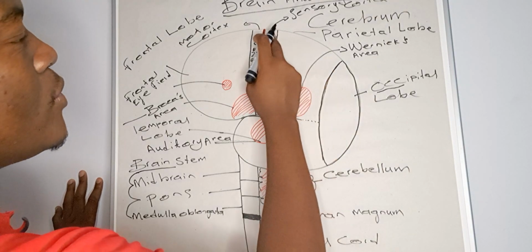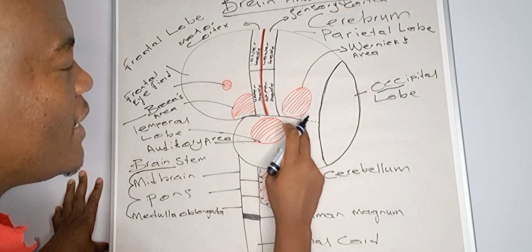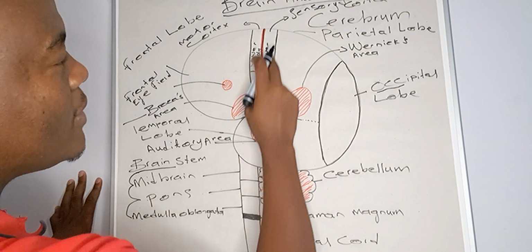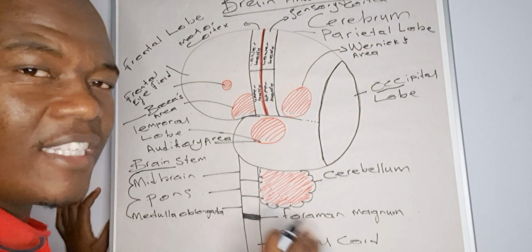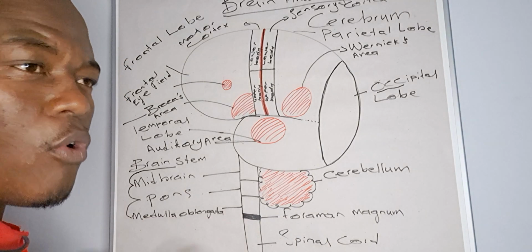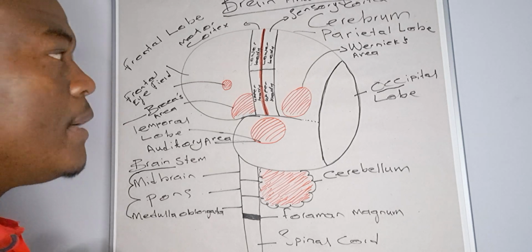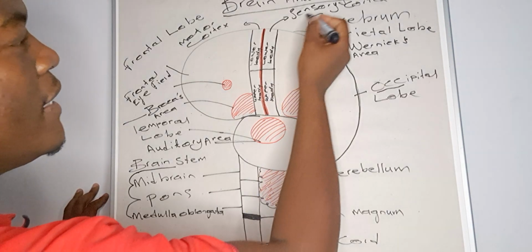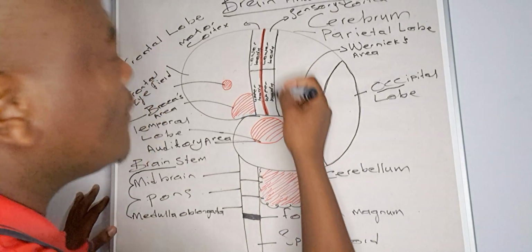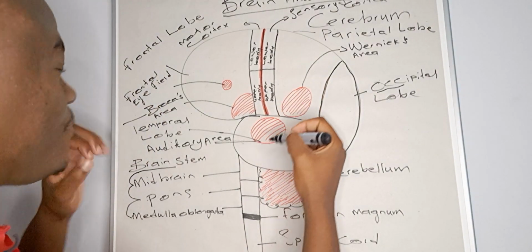This area is your parietal lobe. Within the parietal lobe, you have your sensory cortex. Sensory cortex is responsible for everything that you can feel. Anything that you can feel, whether it is hot, whether it is cold, it is warm, this is the area of your brain that you'll use to feel it. Why did I write lower body and upper body?